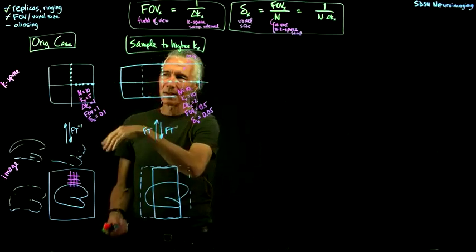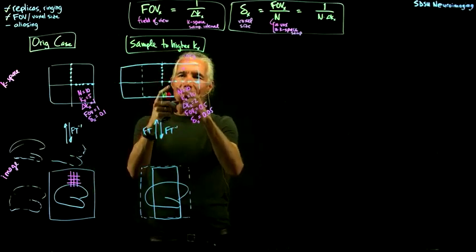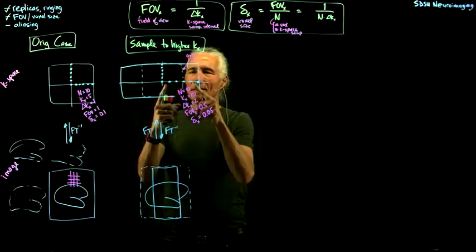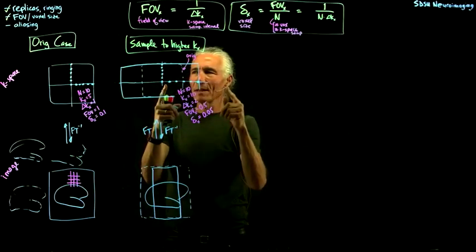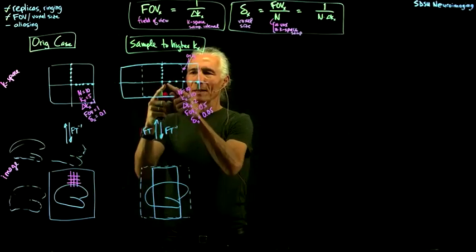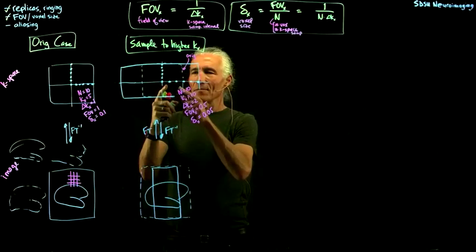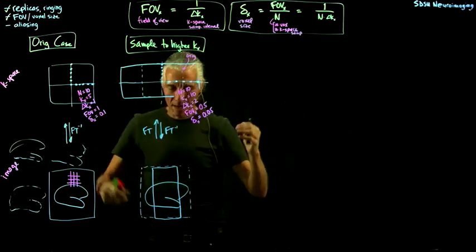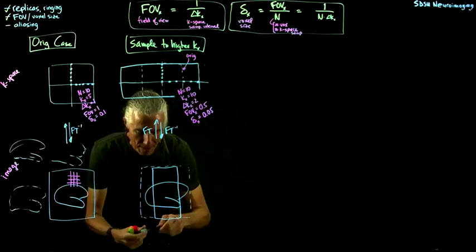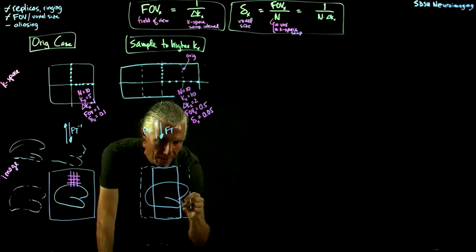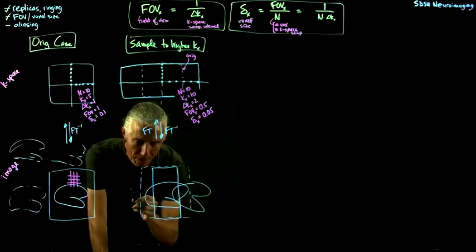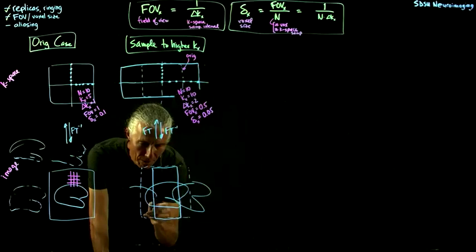Remember the previous board, as you space out the sampling, the replicas come in. If you make the sampling really fast, the replicas go away. And so there's going to be another brain here, another brain like that coming in, and there'll be another frontal lobe poking in on this side like that.